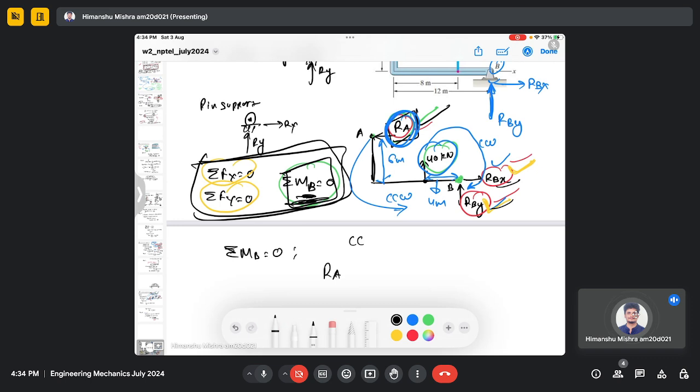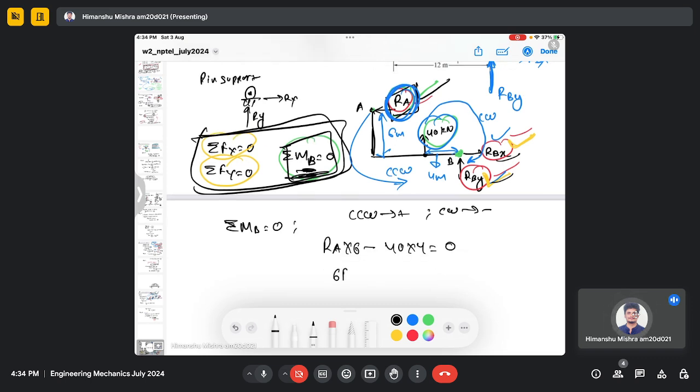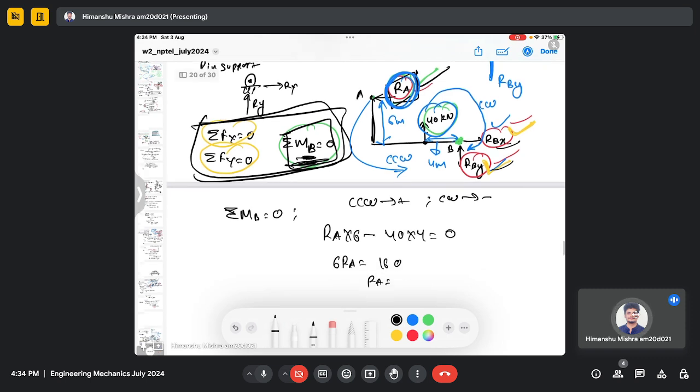I'm considering counterclockwise as positive and clockwise as negative. So Ra times 6 minus 40 times 4 equals 0. 6 Ra equals 160. So my Ra will be 160 by 6, which is 26.66 Newton.